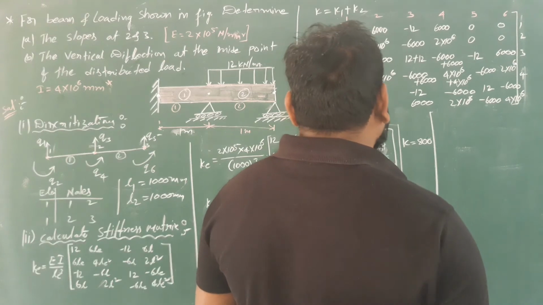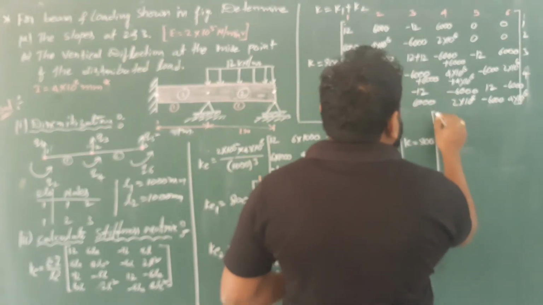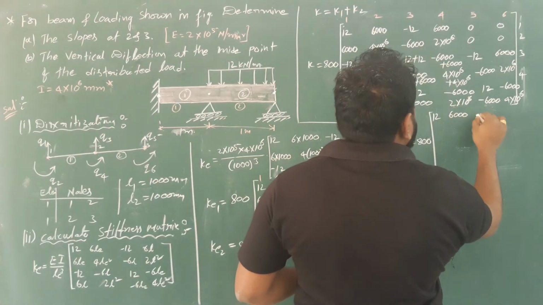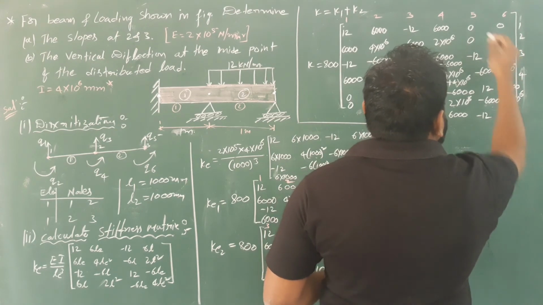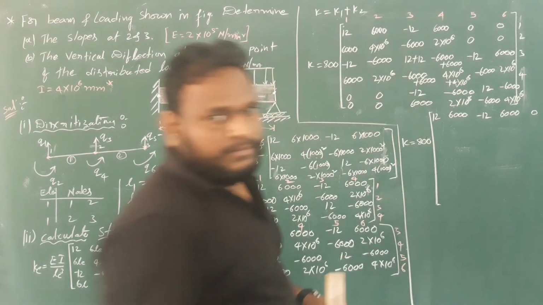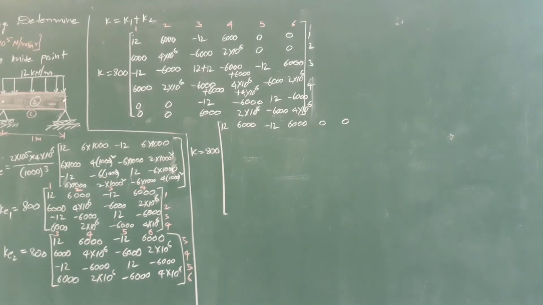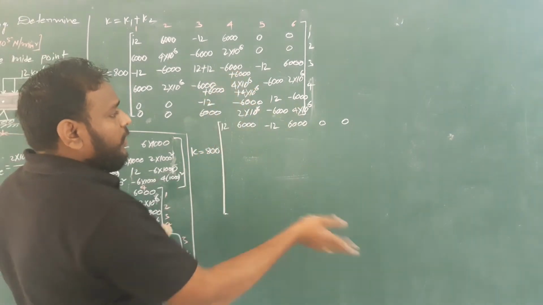Here is 12, here is 6,000, here is minus 12, here is 6,000, here is 0, and here also 0. I will change it here. It takes too lengthy, so I will add it in the next step.